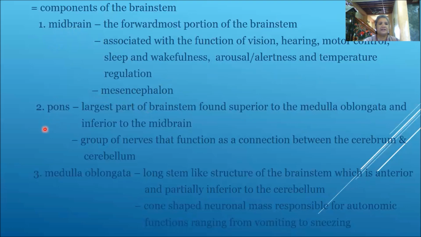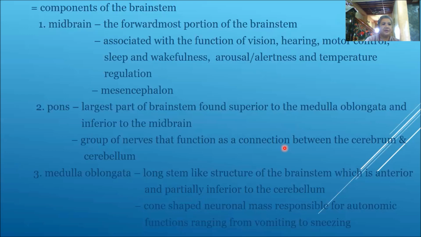The pons is the largest part of the brainstem, found superior to the medulla oblongata and inferior to the midbrain. The pons is made up of a group of nerves that function as a connection between the cerebrum and the cerebellum.